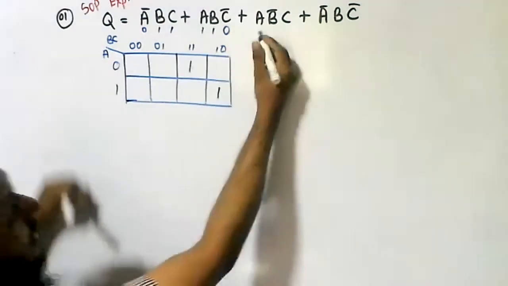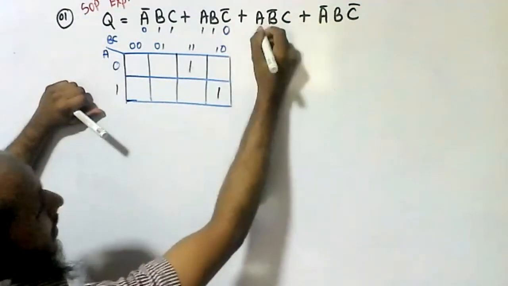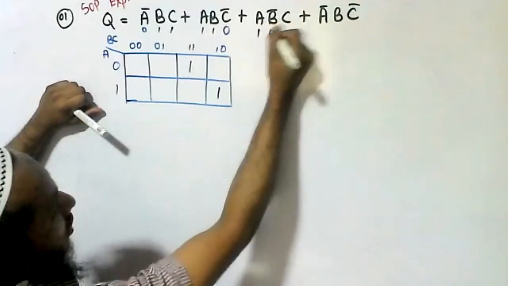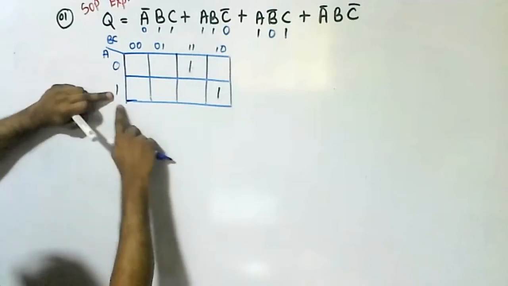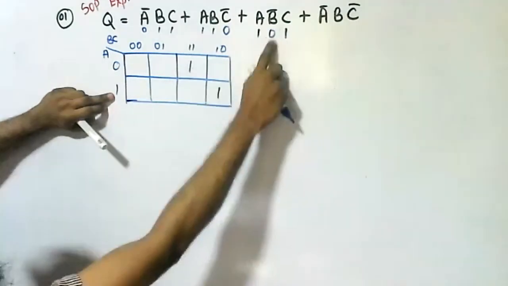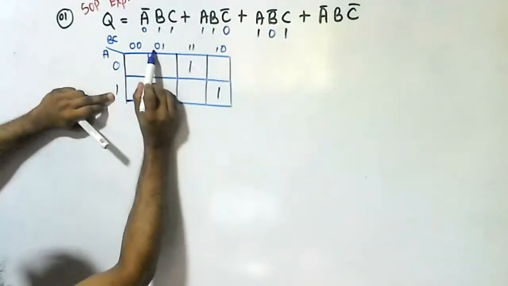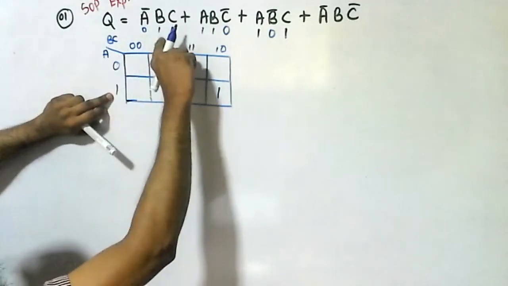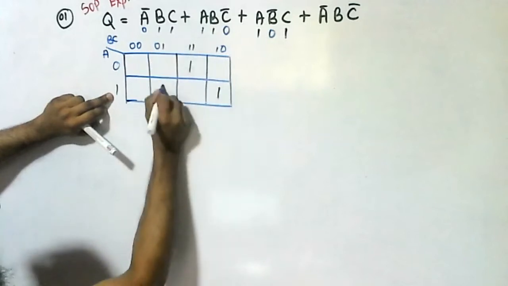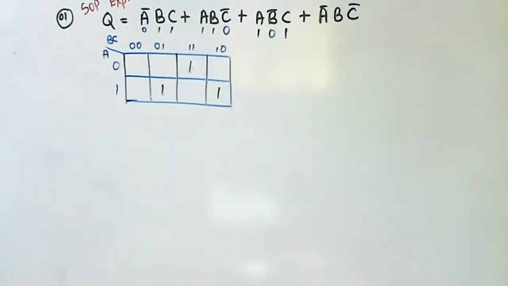Third min term. A, B bar, C. A means 1, B bar 0, C means 1. A 1, B 0, C 1, it's here. It comes 1 there. Clear?